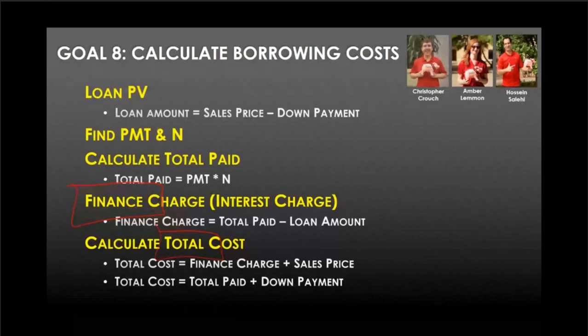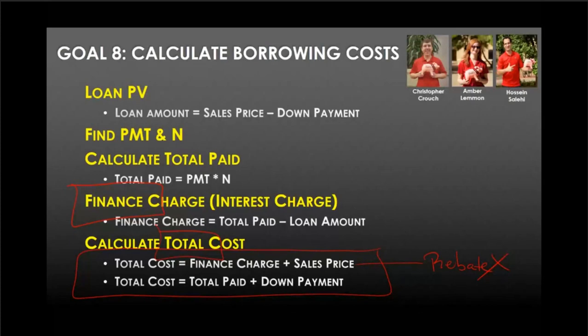Okay. So if you have total cost, remember there are 2 different formulas that you can use, and both of them will get you to the same place. Now, if you are looking at a car with a rebate, remember if you use this first one with a rebate, it's going to mess you up.